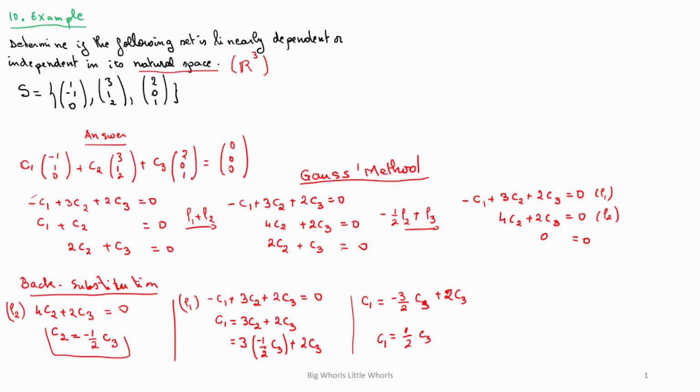I hope I got everything right. So C1 equals a half C3. So basically our scalars are C1 = 1/2 C3, C2 = -1/2 C3, and C3 is C3.